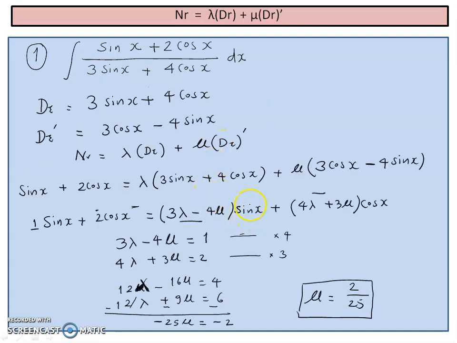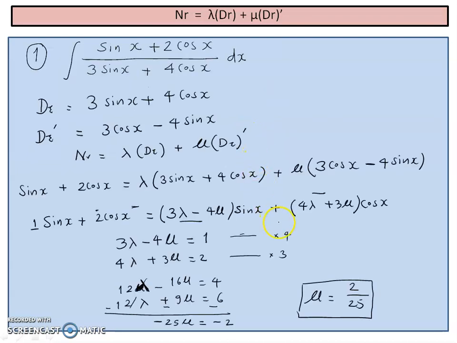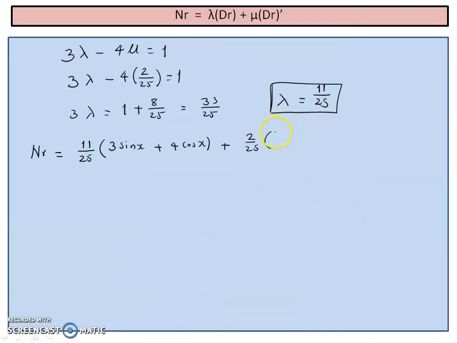Mu कितना है हमारा? 2 upon 25. 2 upon 25 into, that was the derivative of denominator, 3 cos x minus 4 sin x.